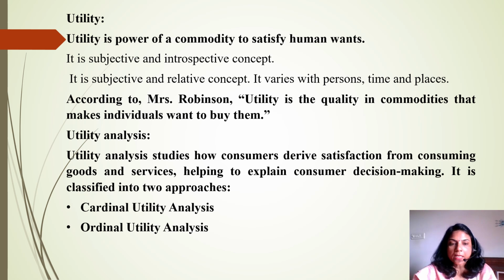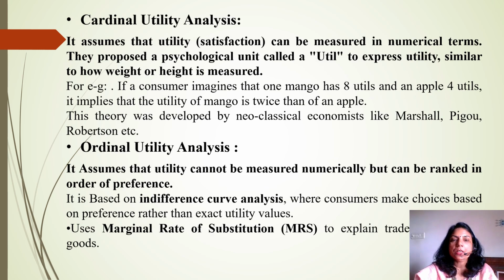Utility analysis has been classified into two types: the cardinal utility analysis and the ordinal utility analysis. Cardinal utility analysis assumes that utility or satisfaction can be measured in numerical terms, a quantitative parameter through which a consumer can estimate the satisfaction level.